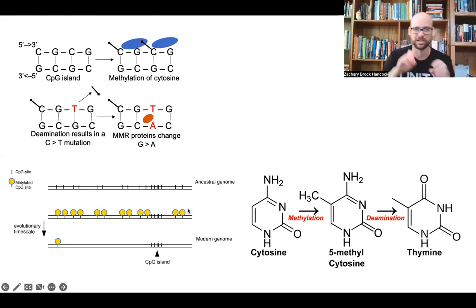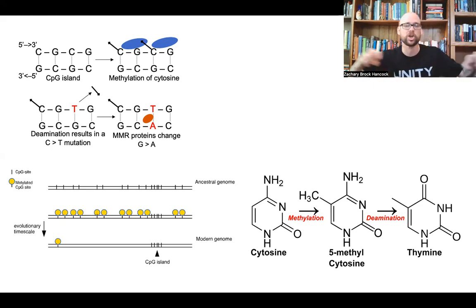So those sites tend to be targeted for methylation. But since they happen to mutate a lot more readily to AT sites, then over evolutionary time you tend to find is that CpG islands end up being the only thing that's left. You have lots of A and T sites that used to be CpG sites, but they've been mutated. And so you find very few CpG sites across the genome.